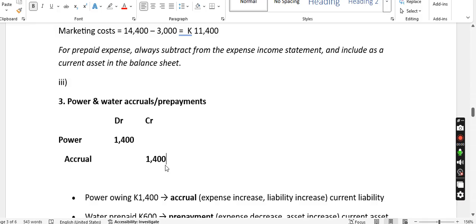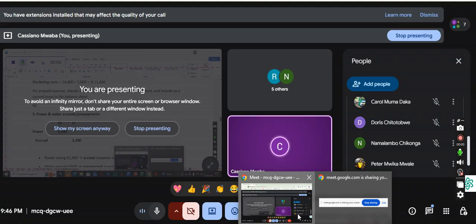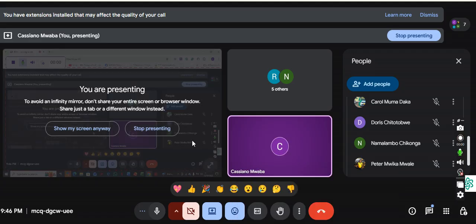Any questions, colleagues? Because we were slow when it came to this one, but I was just explaining. So any questions? Let me start. Mr. Peter, any questions so far? If I'm moving too fast, you can let me know, sir. You're moving too fast. Okay, let's move at a slower pace. Madam Chikonga, any questions?